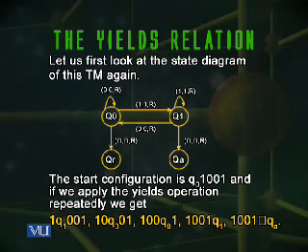It will replace the blank with the blank and move right. So the final configuration of this machine is going to be 1001 blank QA.